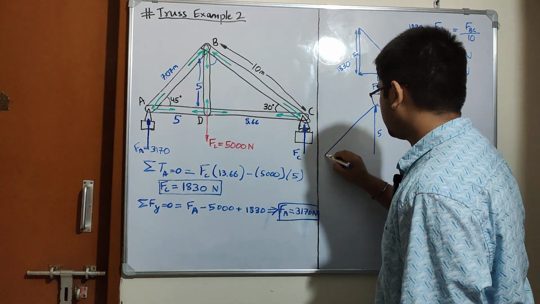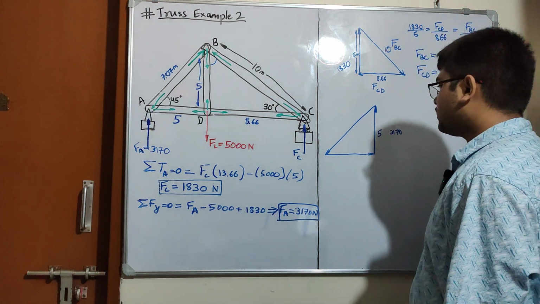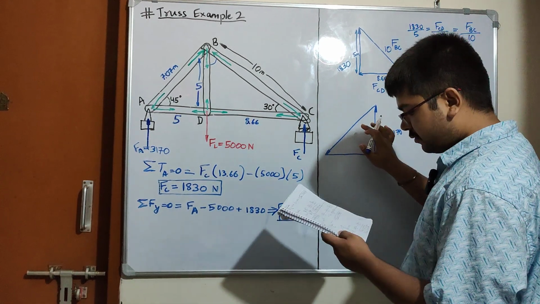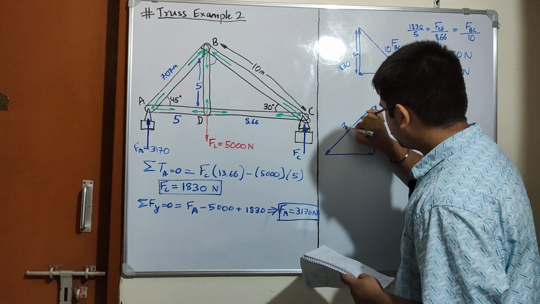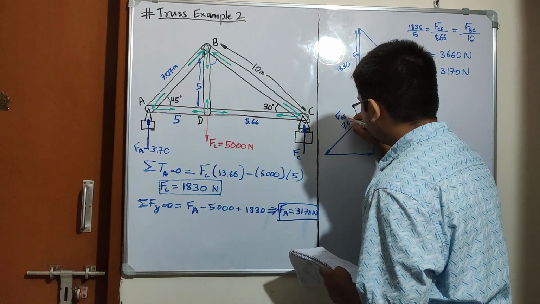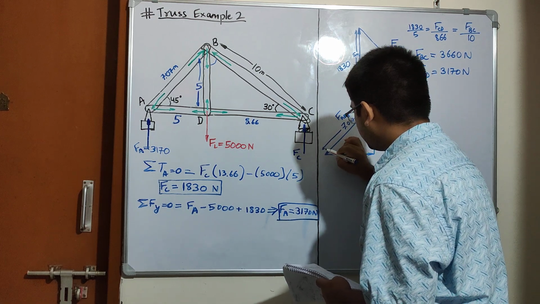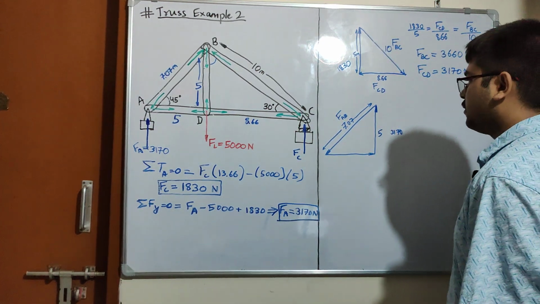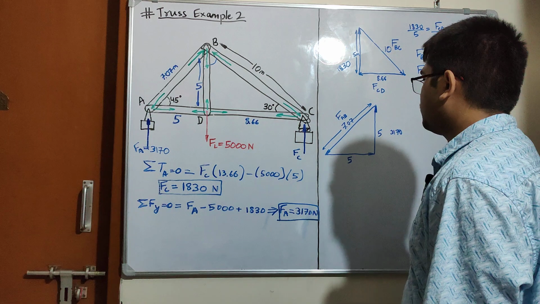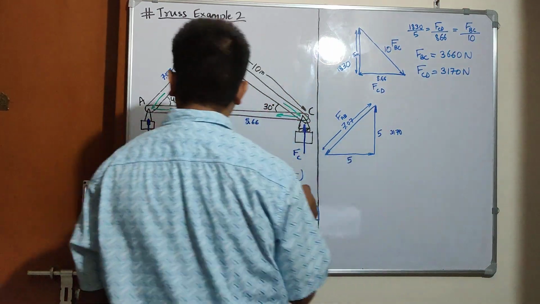So we have this side as 7.07, and this is FAB, and we have this side as 5, and this is FAD.